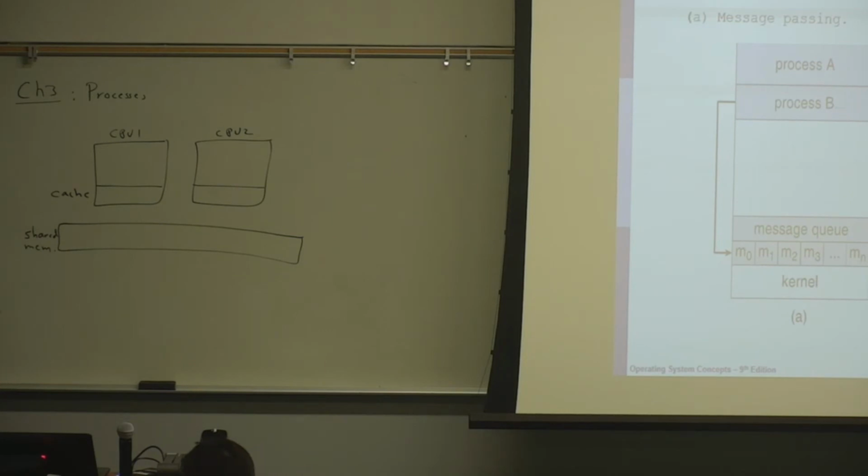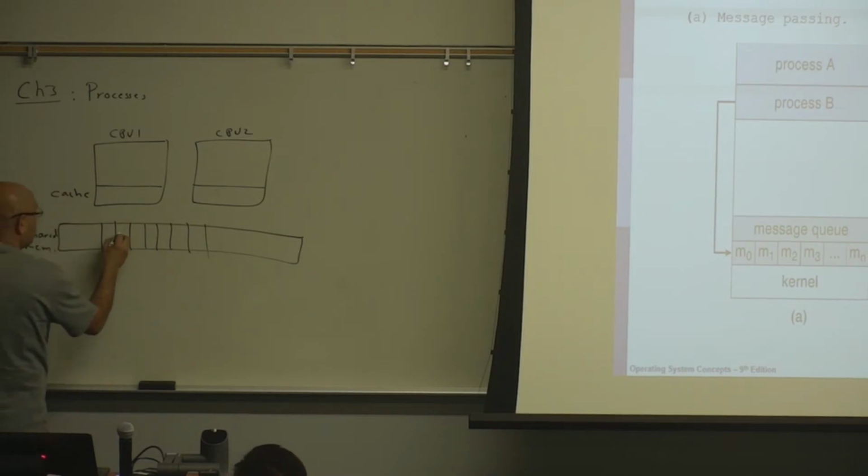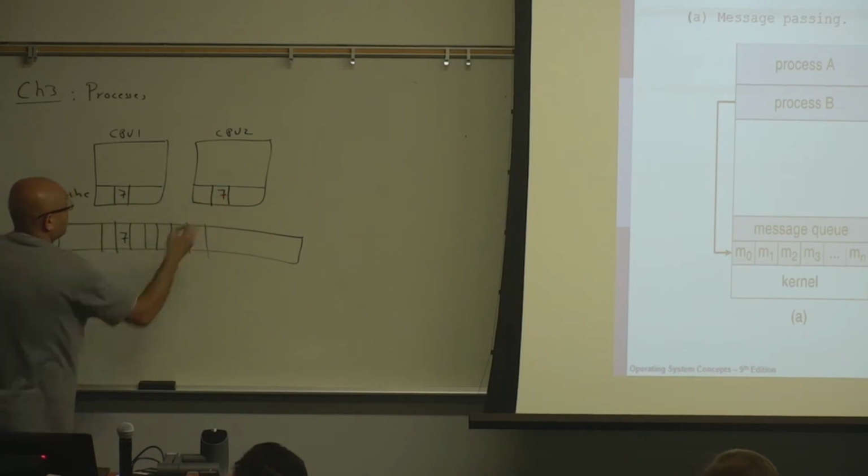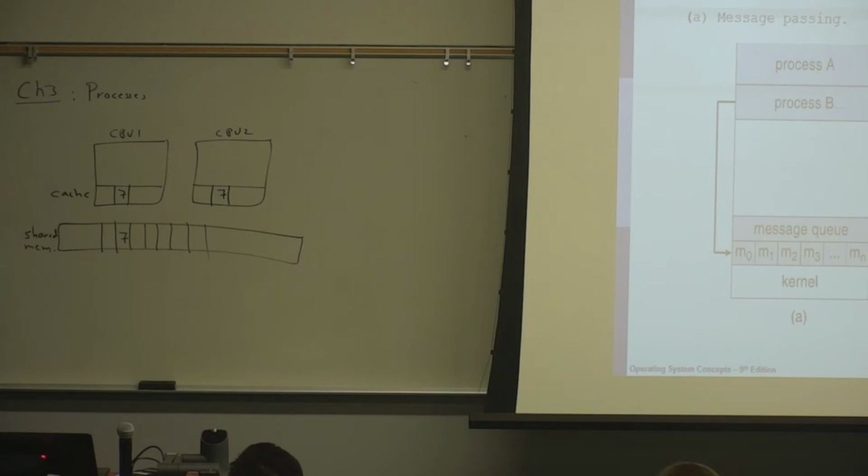And suppose that we have multiple memory locations. Suppose that we have a memory location here with value 7, and then both CPUs load this in their cache. So now this has 7, and this has 7. Now what if at some point CPU 1 modifies this 7 and changes it to 19?